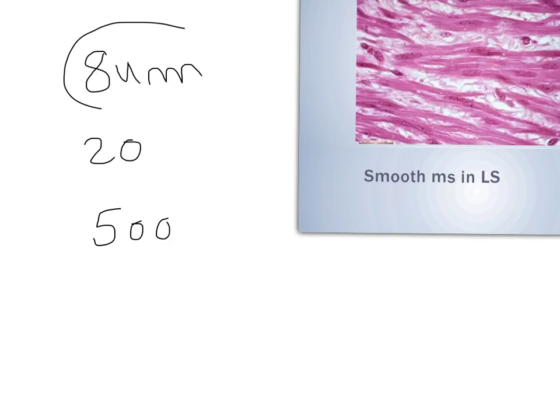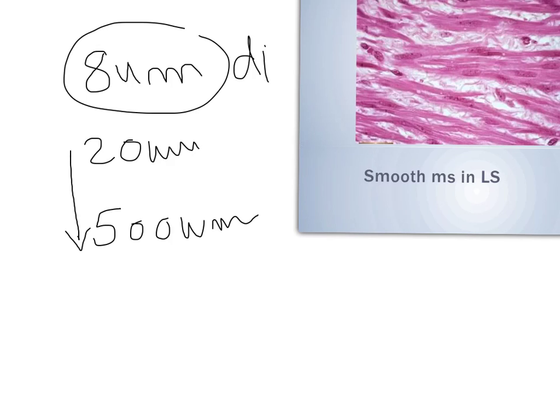The numbers 20 micrometer and 500 micrometer are the range for the length of the smooth muscle fibers. 20 micrometer is in the wall of the blood vessels, while 500 micrometer is the length of the smooth muscle fibers in the pregnant uterus.